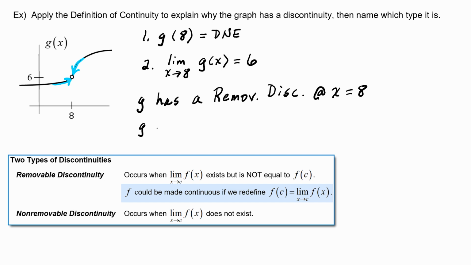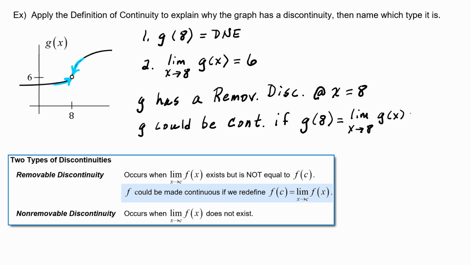So g could be continuous, and I'm going to abbreviate continuous, if g of 8 was redefined so that it equaled the limit as x approaches 8 of g of x, which is equal to 6.